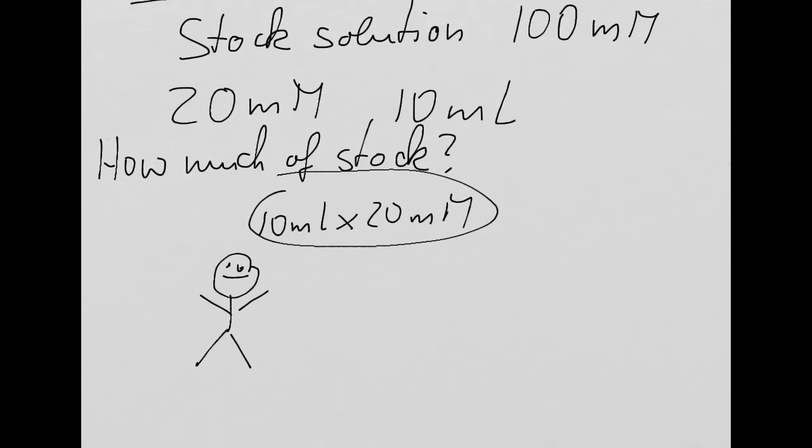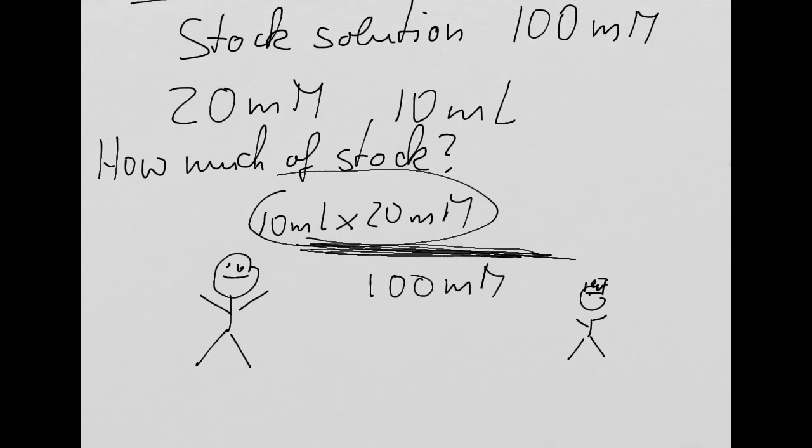Where do you hand in your prescription? The pharmacist. So here is then the pharmacist. And the pharmacist says, I'm terribly sorry, we don't have 20 millimolar, but we have 100 millimolar.